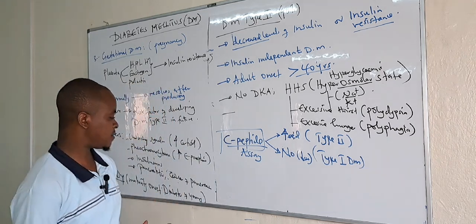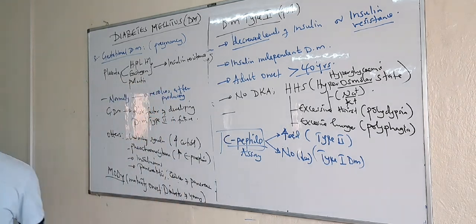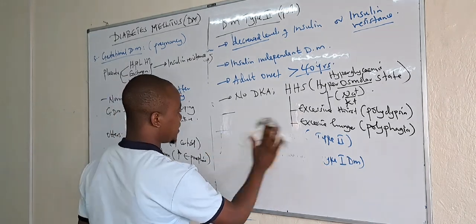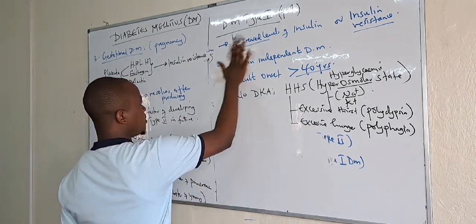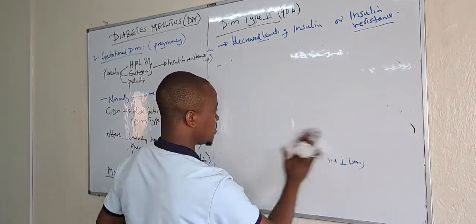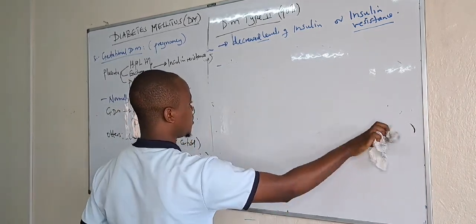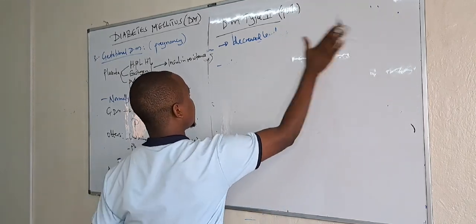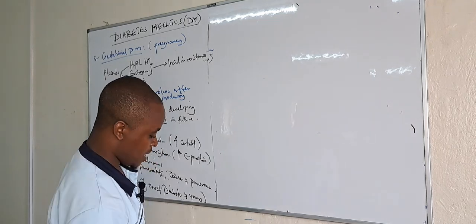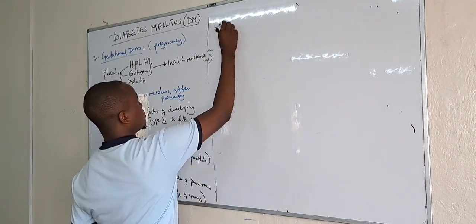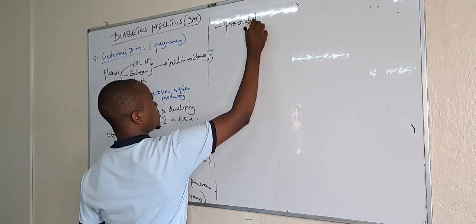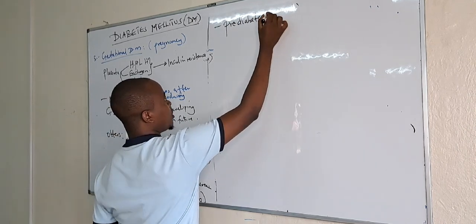Before I conclude this diabetes topic and look at the diagnosis, we also know that there is a state we call prediabetes, another term for which is impaired.